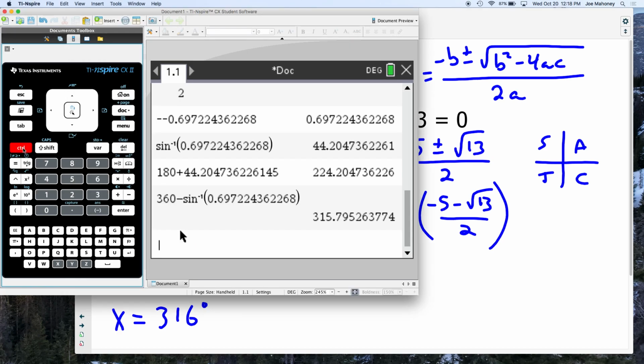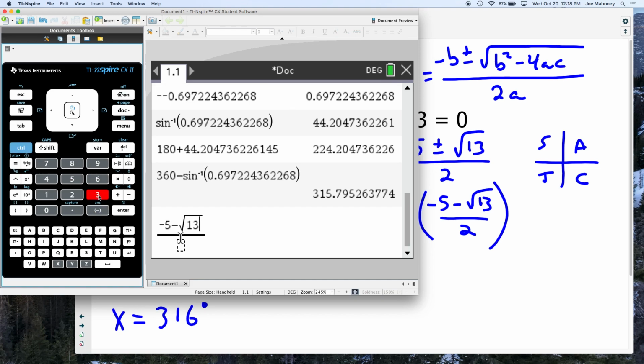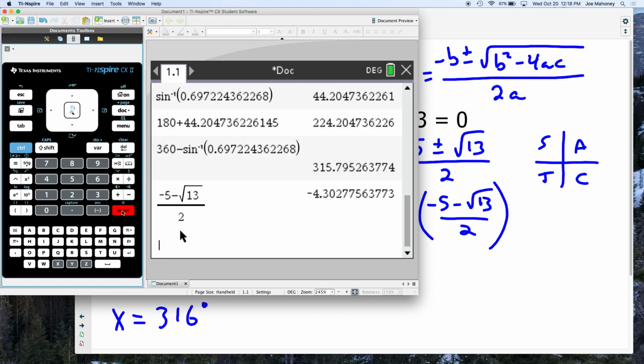First of all, let's figure out what is the value of -5 minus the square root of 13 divided by 2. We can celebrate. Well, you're like, what? Why can we celebrate? Well, remember that the range for sine is between -1 and +1.